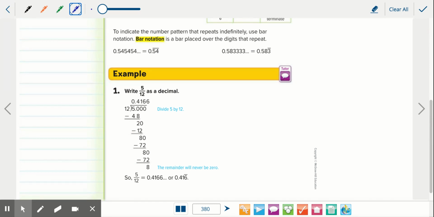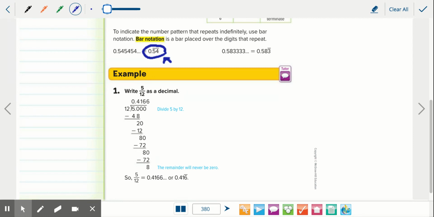So, like I said earlier, we're going to be using what's called bar notation. Bar notation is where I put a bar over the digits that repeat. So, it's this line right here. Do you see that line above the 5, 4? That line is called bar notation. So if I look, I have 0.54545454. Well, another way to write that is using bar notation with 0.54 with the line over the 5, 4.